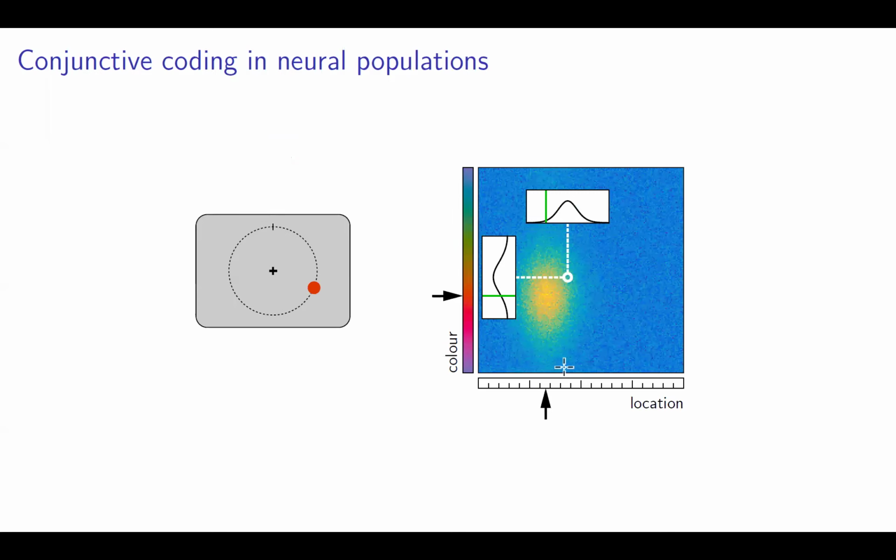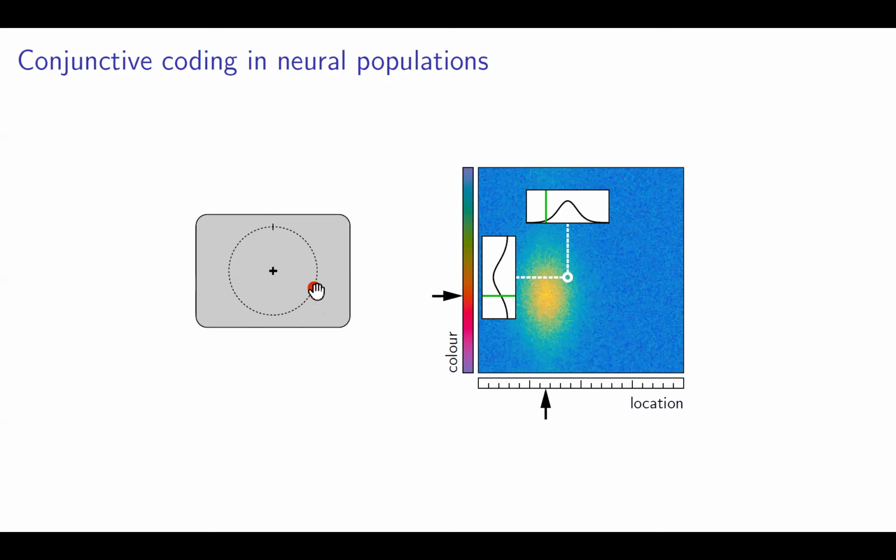One challenge there is that visual features as we think of them are generally encoded in population codes. So we have a lot of neurons that have different tuning curves, for example, for color and for location. Here is a mock-up of a psychophysical task, where a colored dot can appear at different locations at a fixed distance from the center.